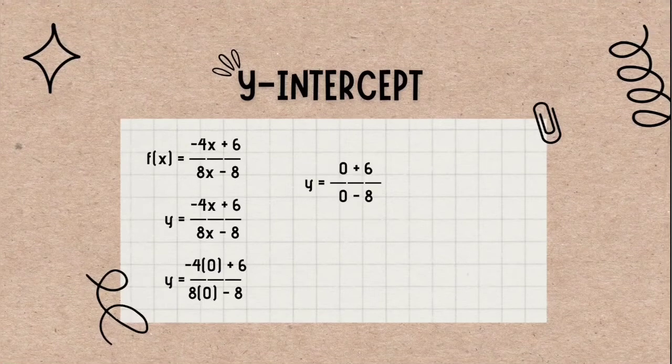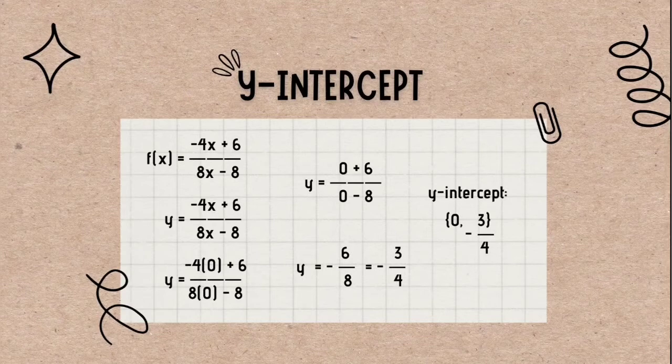So, ayan. Y is equal to 0 plus 6 over 0 minus 8. Y is equal to positive 6 over negative 8. So, isimplify natin siya. Ayan. Positive 3 over negative 4. So, ang answer ay yan.